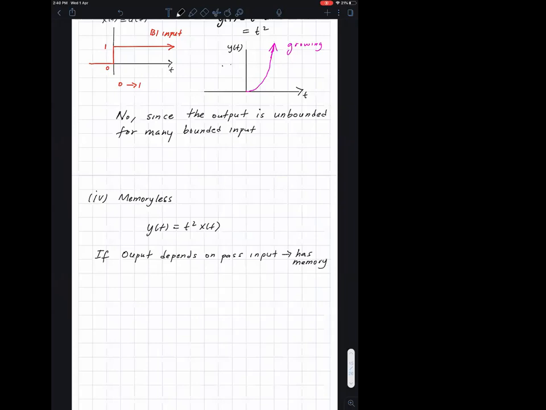If the current output depends on the past input, then the system has memory.